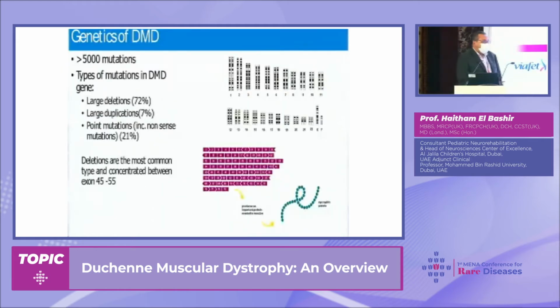As many of you know, there are over 5,000 genetic mutations, mainly large deletions, making up almost 2/3 of the cases. You can have duplication as well as nonsense mutation. Deletions are the most common type and concentrated especially between exon 45 and 55. And that's why many of the medications used for treatment try to target those areas.